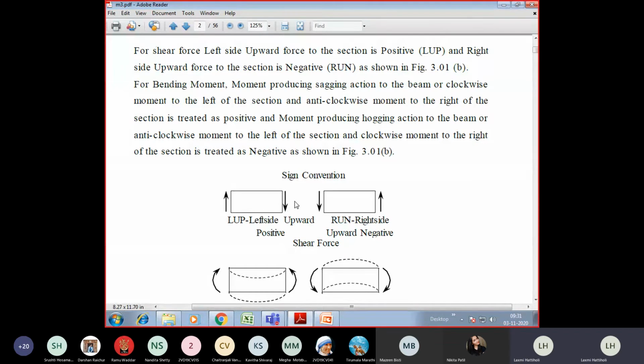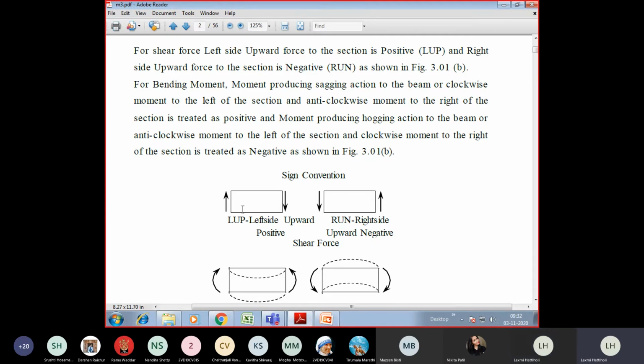In a similar way, let's say that this is the block. If this is the block, then this is my left portion and this is my right portion. So now you have understood, whenever a block or a cut section is given to you, which is left of the section and which is right of the section, right?